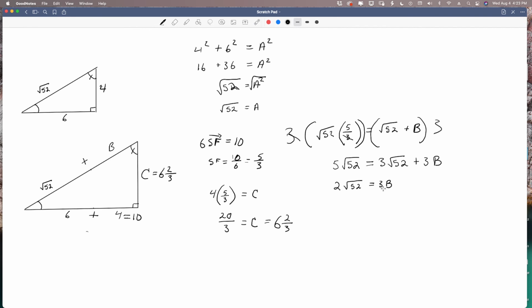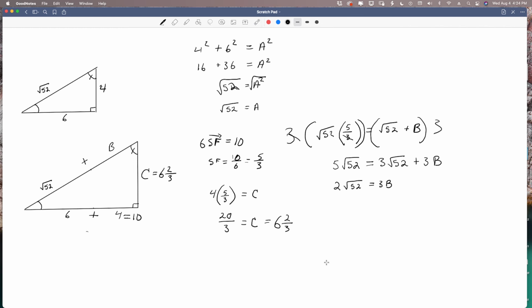Right? So if we divide both sides by 3, first, let's see if we can simplify this. I think that would be easier.